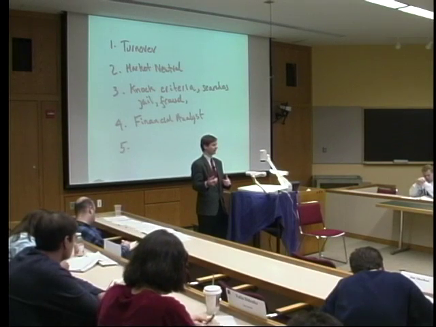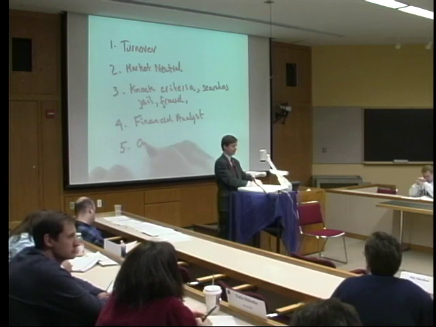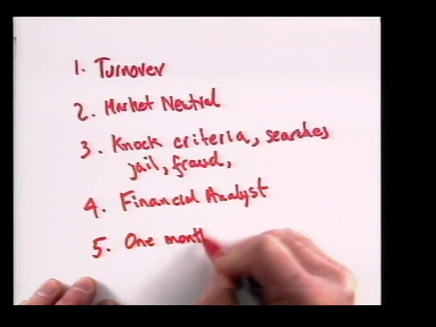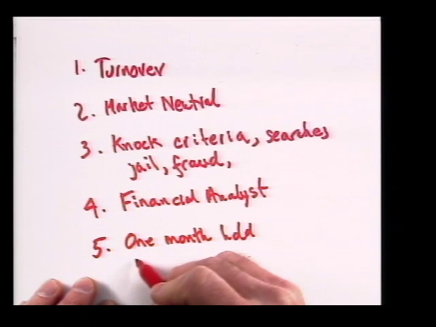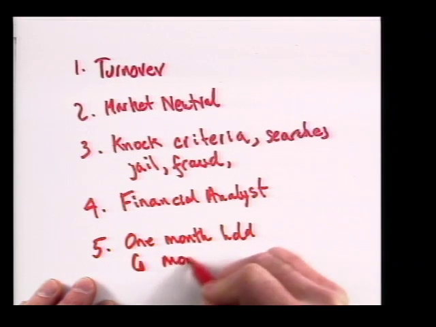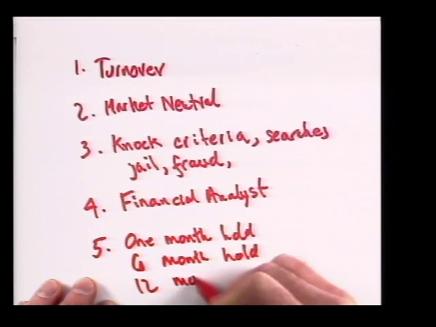And number 5 is related to turnover. Look at the scoring screen over different horizons. So look at it over a 1-month hold, maybe a 6-month hold, and a 12-month hold.